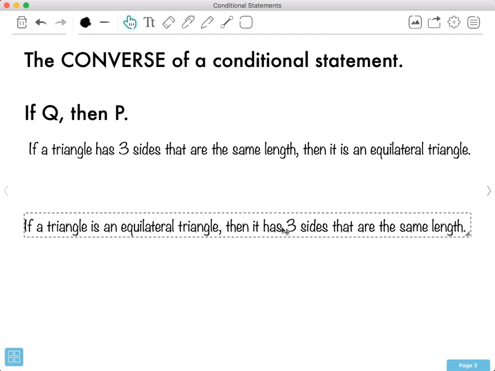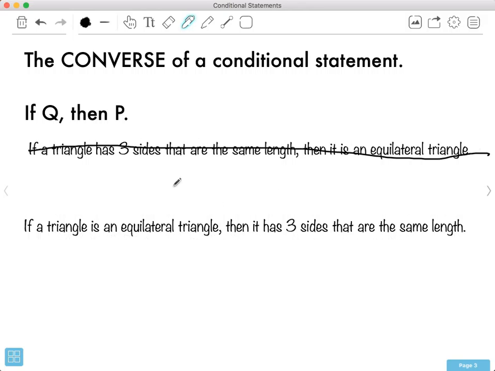So there's my initial statement here. I'm going to cross it out so we don't get confused. Here is the converse. I just reversed my P and my Q.